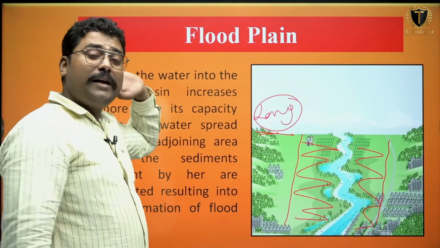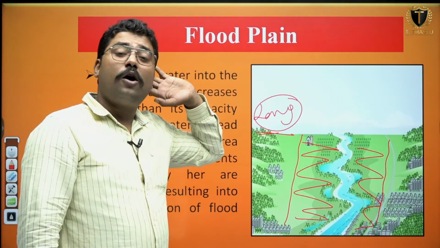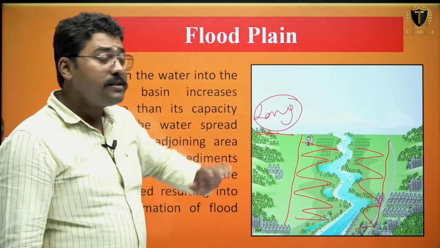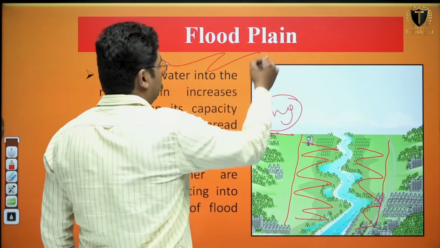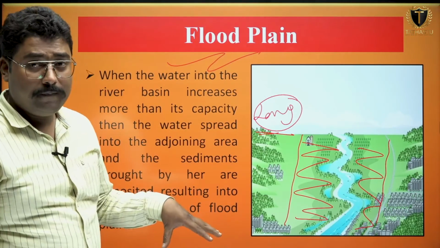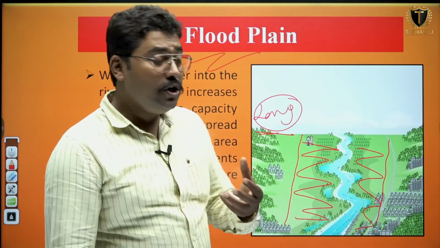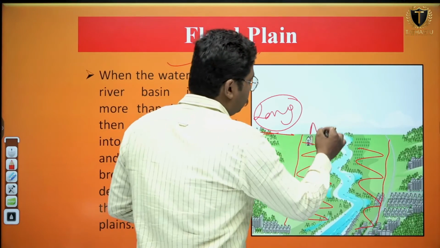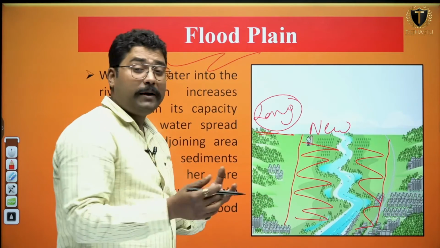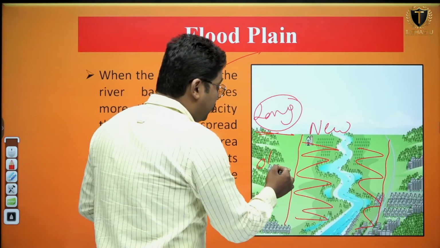So there the sediment deposition is going to take place after a long time. This means the floodplain which is being constructed will be of two types: one, the new floodplain, and the old floodplain.